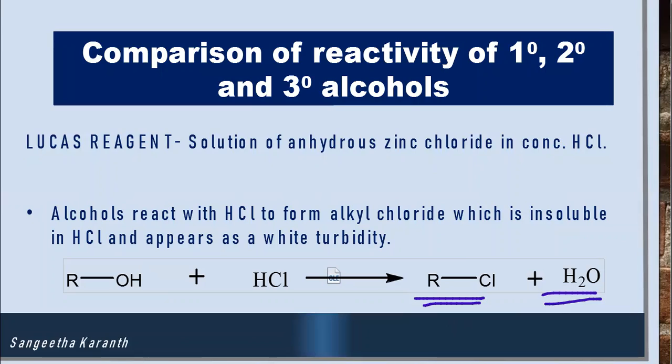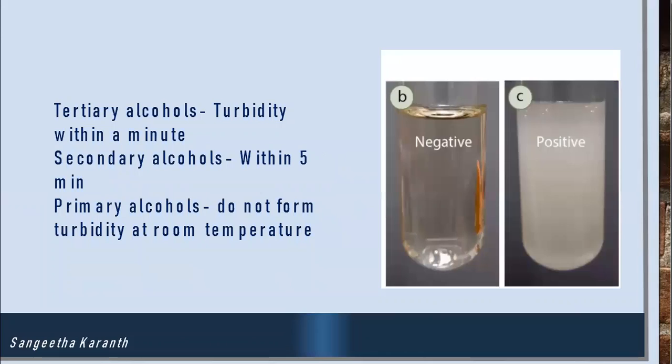What is special about this alkyl chloride? How fast this alkyl chloride is formed from the respective alcohol will let you know which type of alcohol we have taken. So let us move on to see how we can actually visualize the results. Tertiary alcohols will give the turbidity very fast.